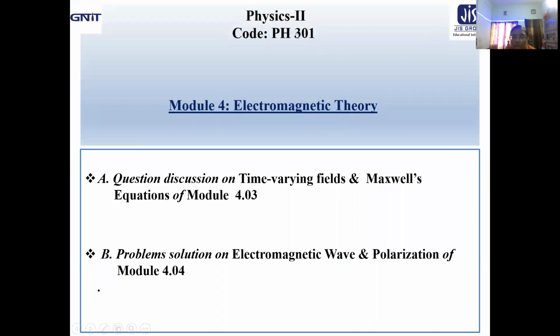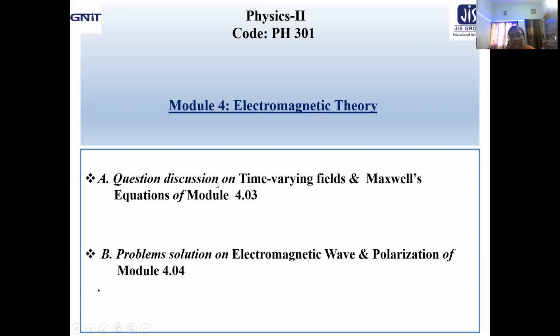So today I will combine module 4.03 as well as module 4.04 of module 4 on electromagnetic theory. Actually, we have completed module 4.03 on time varying fields and Maxwell's equations, but the question discussion part was not done.